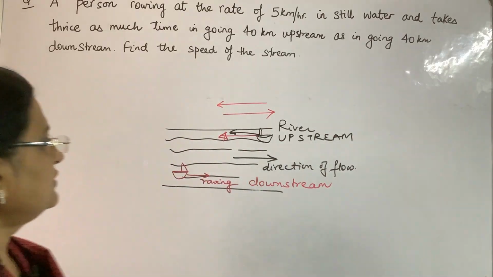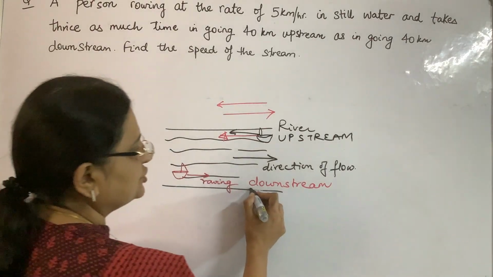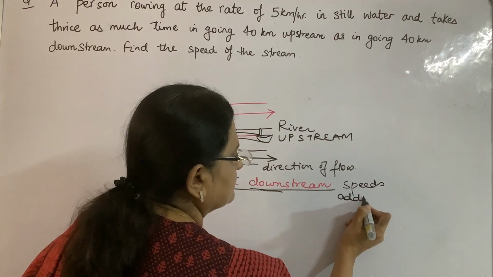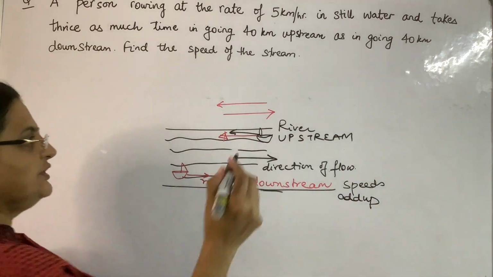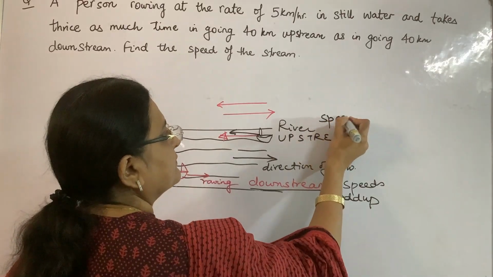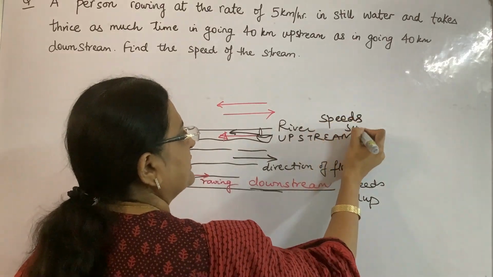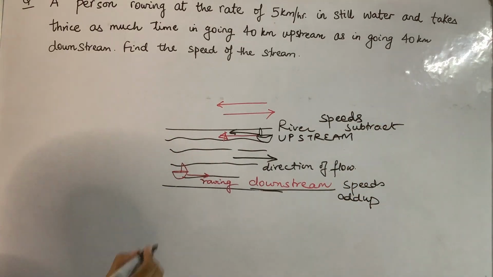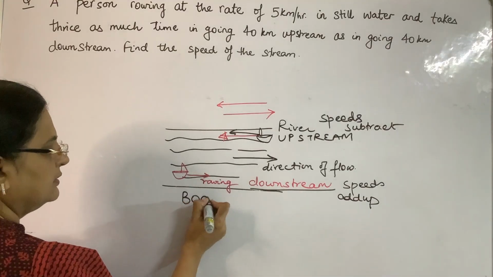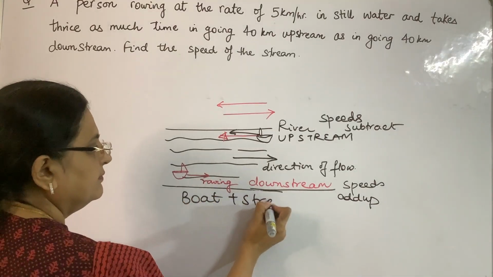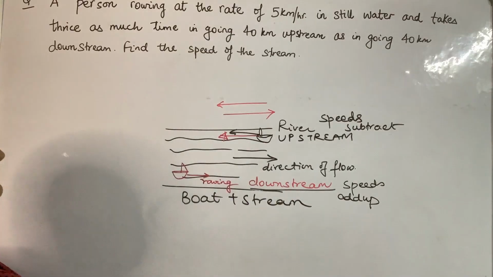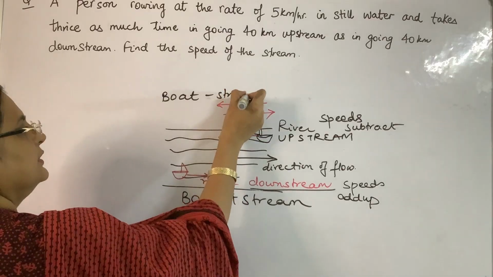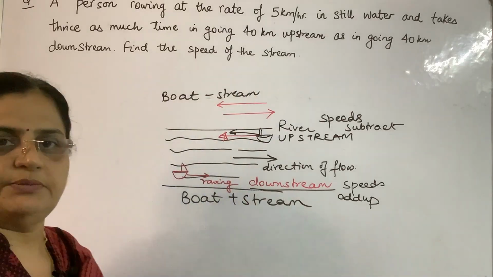Agreed? So we have to take care that in downstream the speeds add up and in upstream the speeds subtract. And always it will be boat plus stream in the case of downstream and boat minus stream in the case of upstream.